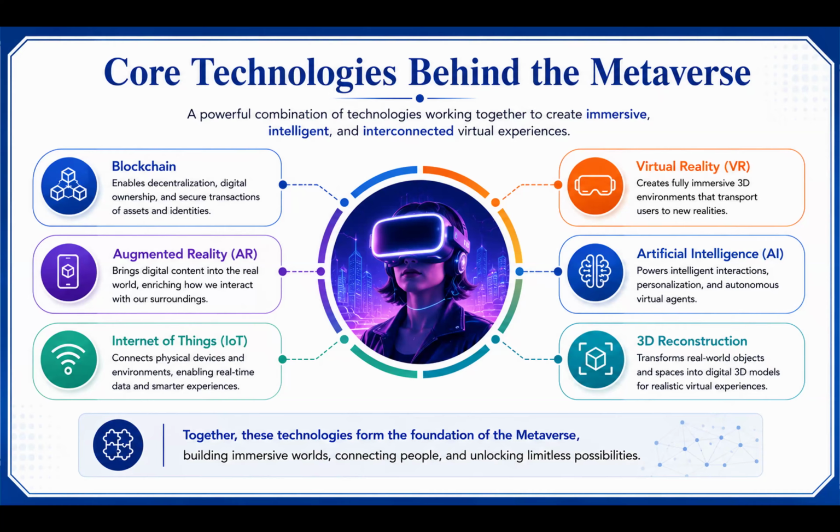The other one is IoT devices, the Internet of Things concept, which connects real world data with virtual environments. You should also connect your data, or just connect device to device. How can you do that? You should use IoT devices, or blockchain, which can support digital ownership, identity, and secure transactions.